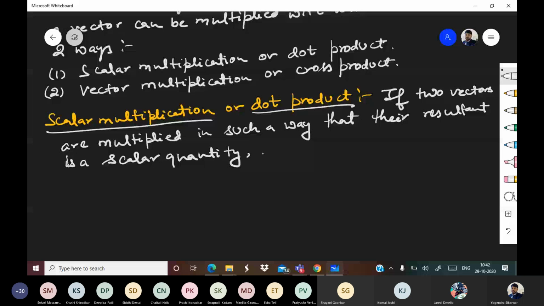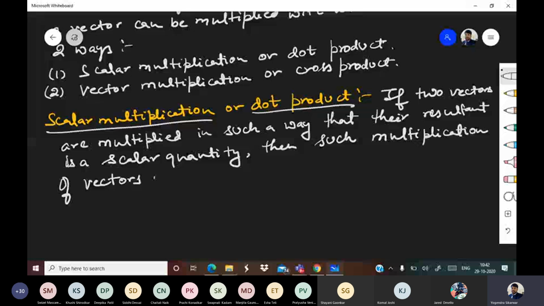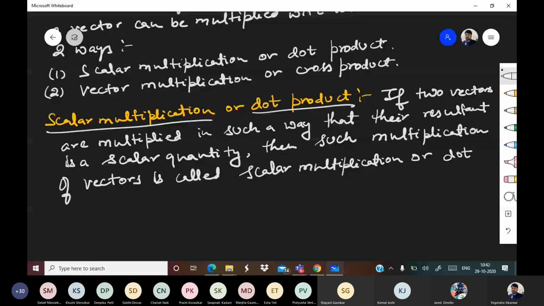As we are getting a result which is scalar, that's why it is called scalar multiplication.